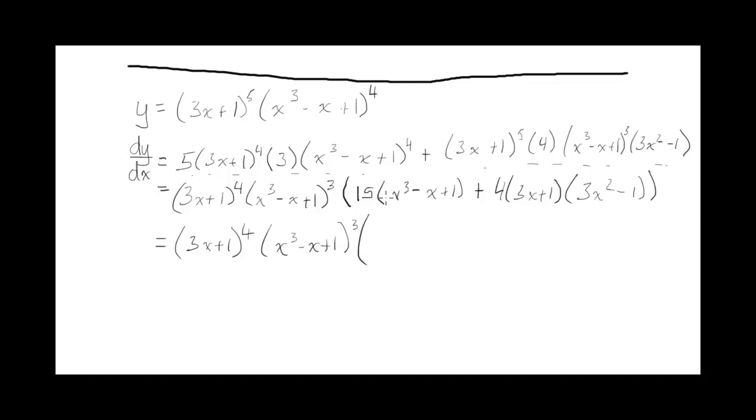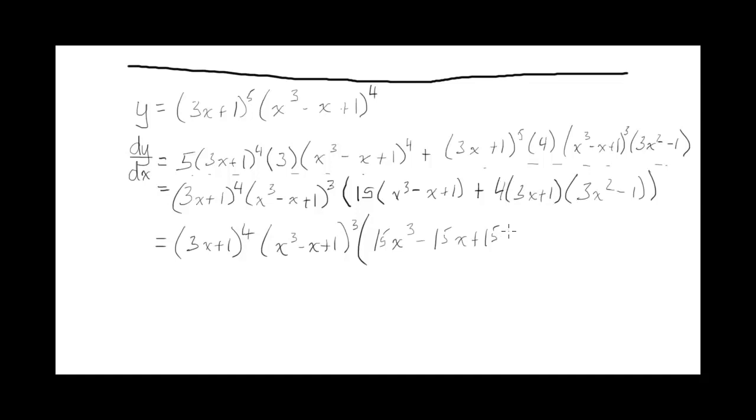Okay, so now I can just expand here. So I'm going to have 15x cubed minus 15x plus 15. And then if I expand this, 3x times 3x squared is 9x cubed.